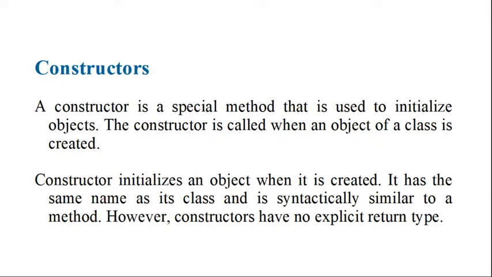The constructor is called automatically when the object is created. So there are 3 points to remember about the constructor. The first is that the name of the constructor should be the same as the name of the class. The second is that the constructor does not have any return type like int, string, void. We do not define any return type for this. The third is that we need not call the constructor, it is called automatically.